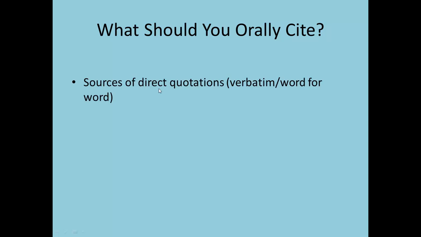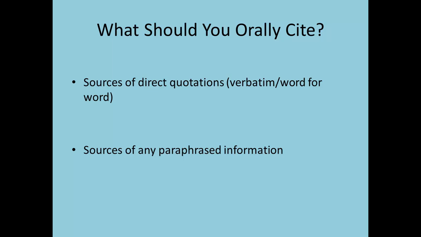So you should orally cite sources that you are directly quoting from or paraphrasing information from. Your textbook is going to be one citation I should hear in your speech, and then wherever you decide to get additional information as it relates to aspects of the body of your presentation, you can get them from the internet or from books, magazines, or newspaper articles.